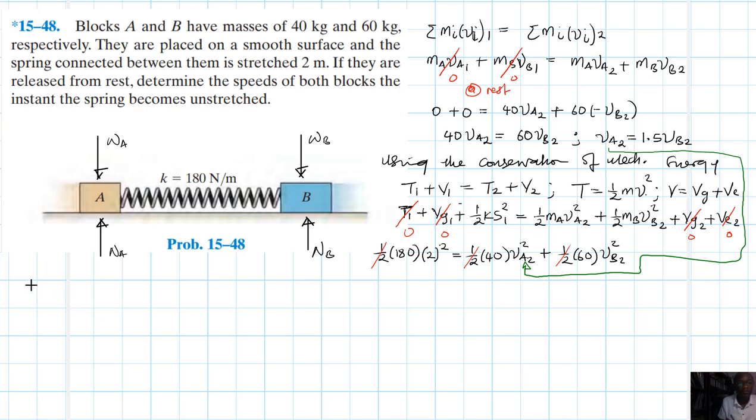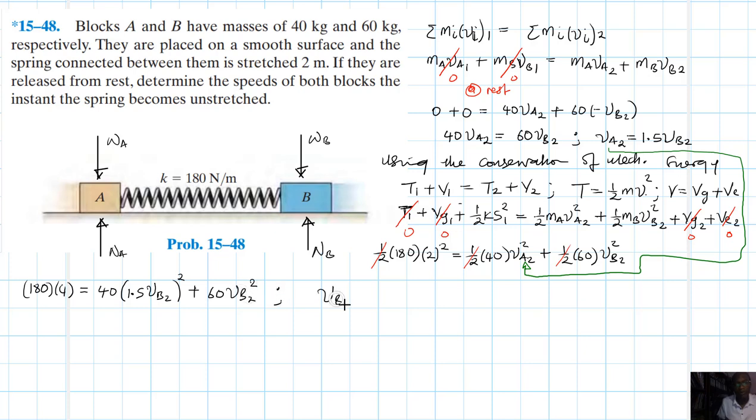Once we do so, we'll have 180 times 4 equal to 40 times 1.5 vB2 squared, plus half, which we cancelled out already, then this just becomes 60 vB2 squared.